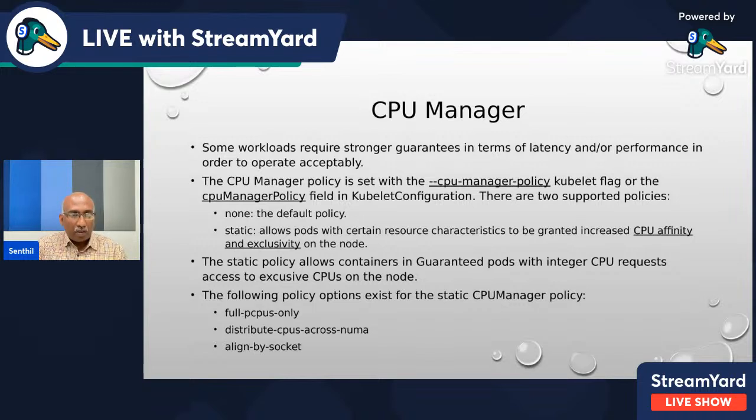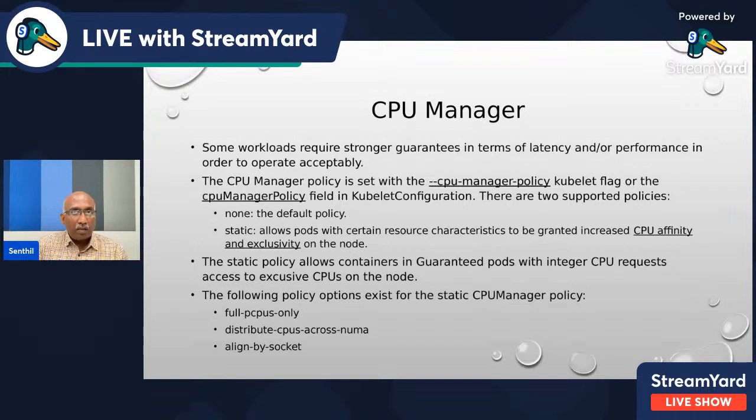But if the policy is set to static, it will allow pods to use increased CPU affinity and exclusivity on the node. So basically, what this means is I can deploy a workload onto Kubernetes, and I can say that this workload should have exclusive access to a certain CPU core.